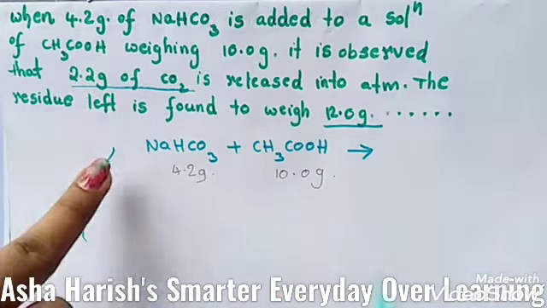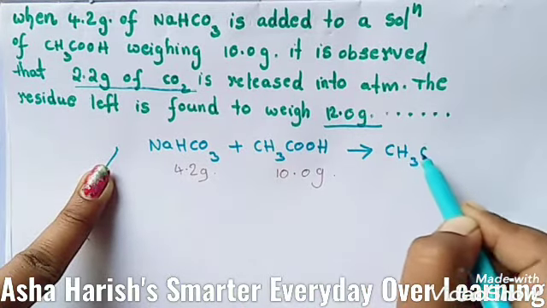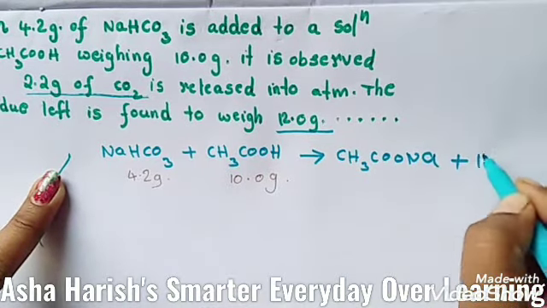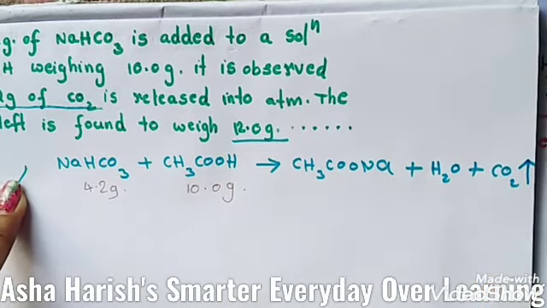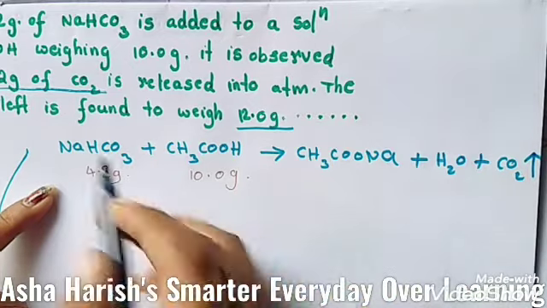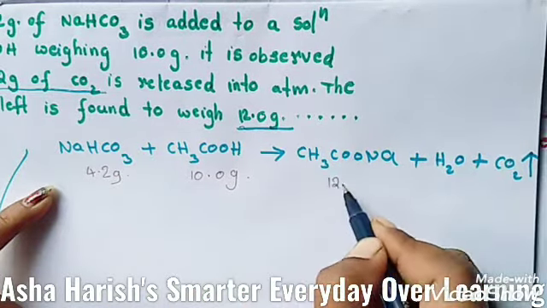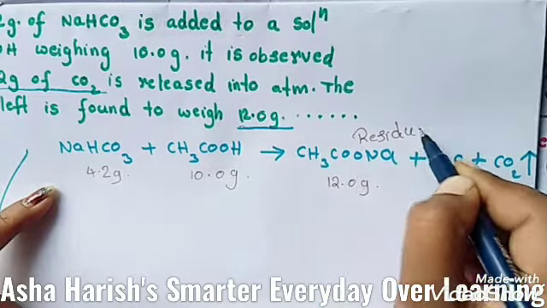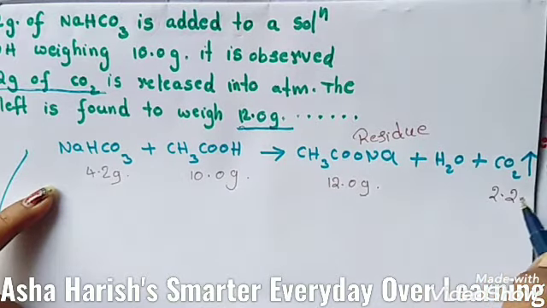Now in the products, according to these reactants, sodium acetate, CH3COONa, plus H2O plus CO2 gas will be liberated. Okay, here is the residue, weight 12.0 grams. Here the residue is sodium acetate. Now H2O, and the formed CO2 is 2.2 grams.